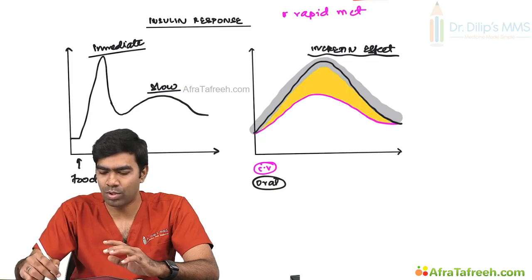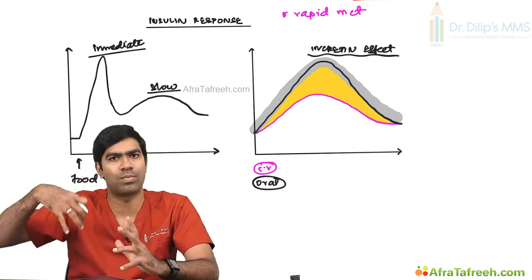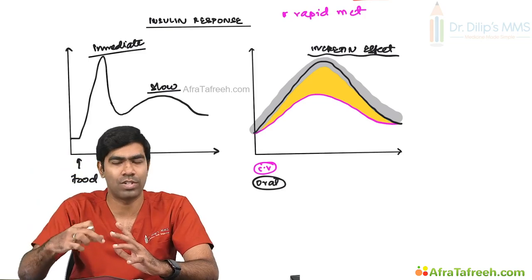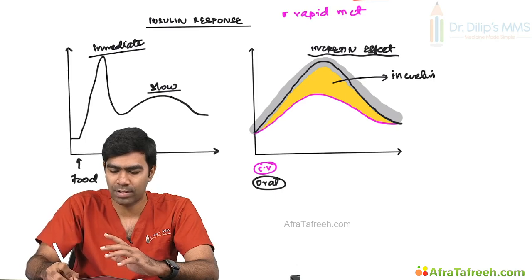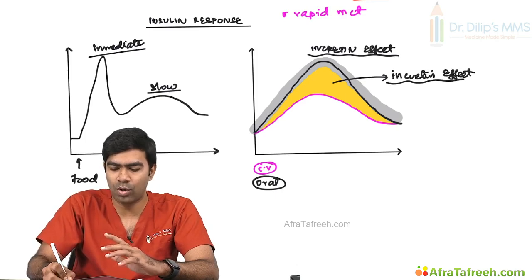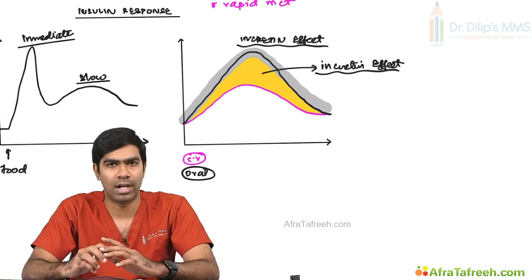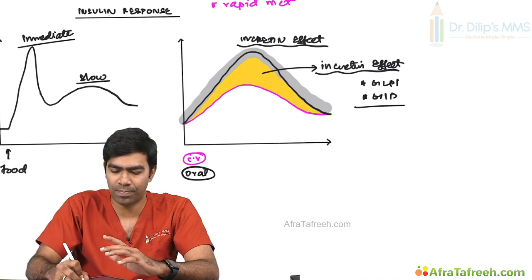This difference must be due to some molecules present in the gut, which come out in response to an oral nutrient load or oral glucose and stimulate the beta cells to produce that excess insulin, which is shown in the yellow shade here. This effect is what we refer to as the incretin effect. Later on, they found that in response to oral glucose load, some additional molecules are produced by the gut in the form of incretins, that is GLP-1 and GIP, which are responsible for this incretin effect. They also found that in type 2 diabetes mellitus patients, this incretin effect is actually blunted.